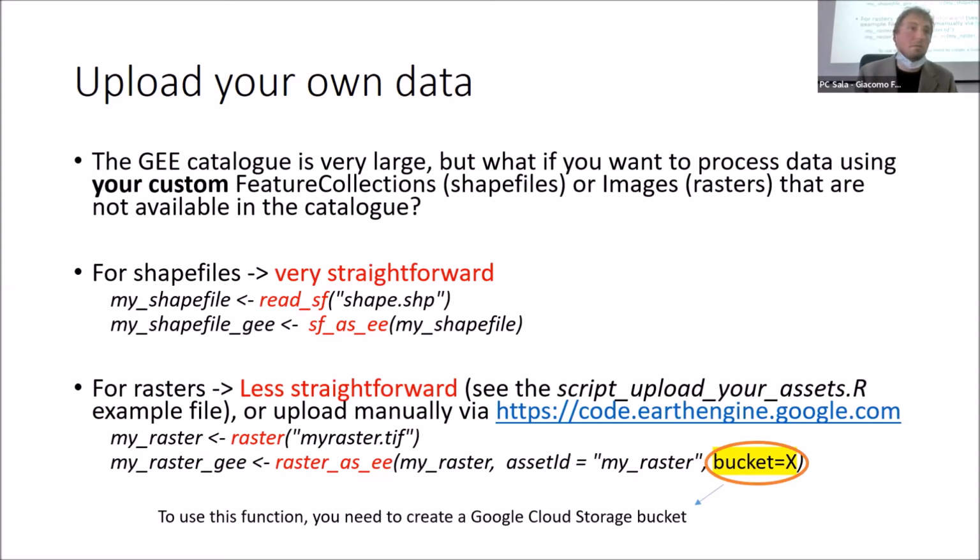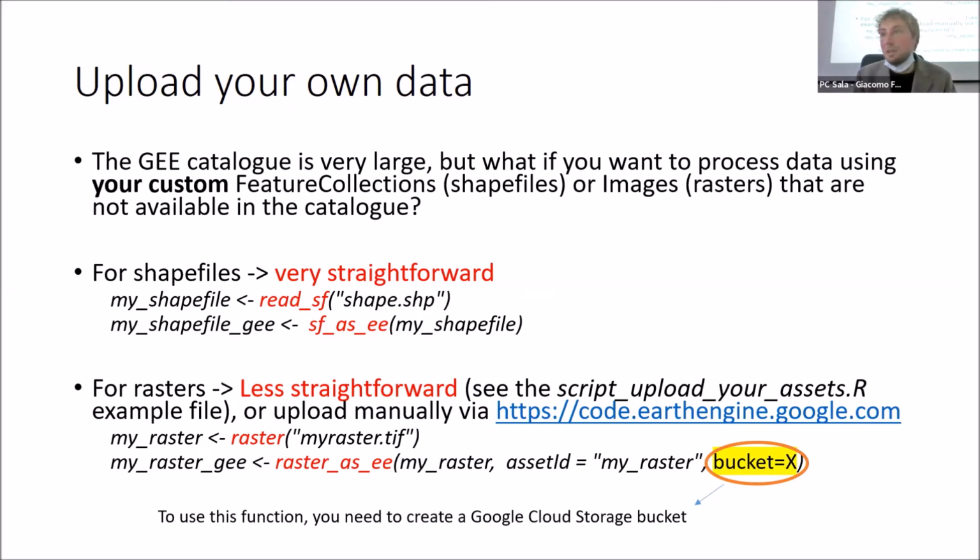But this Google Cloud Storage is not as easy as Google Drive, and it's not free also, you have to pay for it. So if you want to upload your raster data in a line of code, you cannot do it unless you first activate this Google Cloud Storage and pay. And this is beyond this seminar, so I will not go into the details of this.